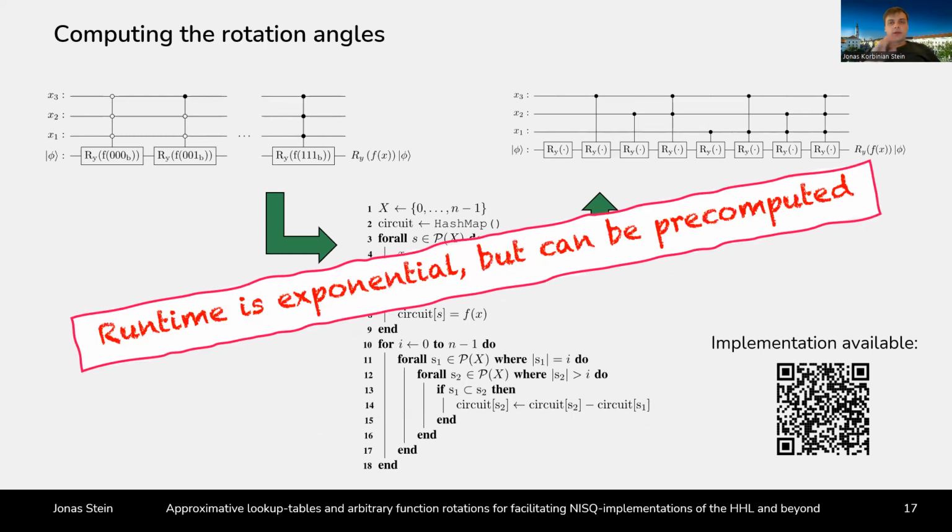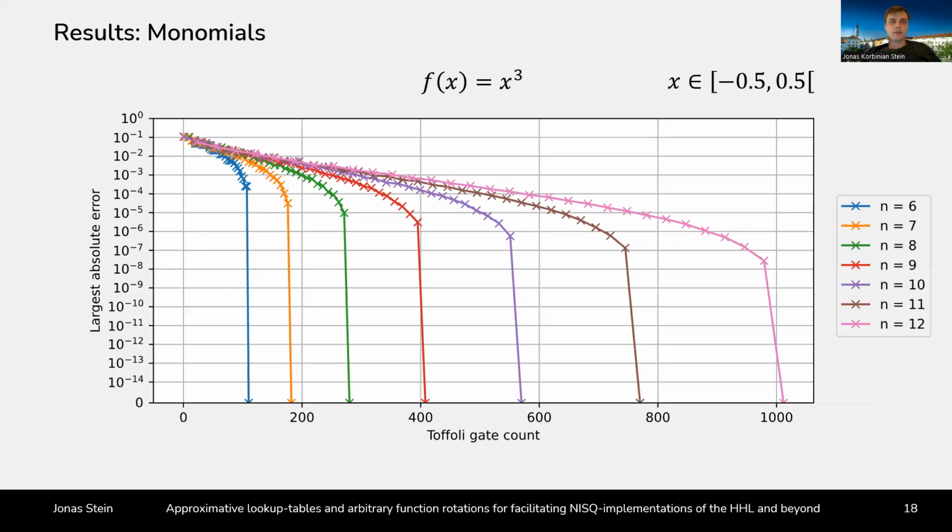So yeah, the thing is, it's exponential actually in computing this, of course, because there are exponentially many gates, but this will only be relevant in a small scale NISQ era, basically, where we don't have so many qubits, and also this can be pre-computed classically. So if we know which function we want to apply, which is the case in the HHL, then we can just do it once, and computational costs can be seen as constant, basically.